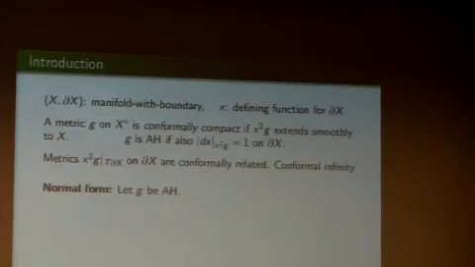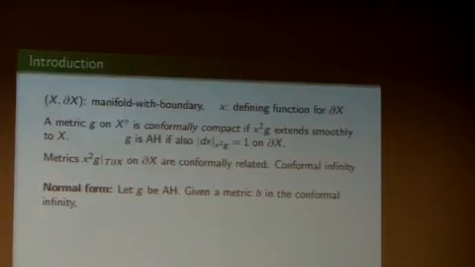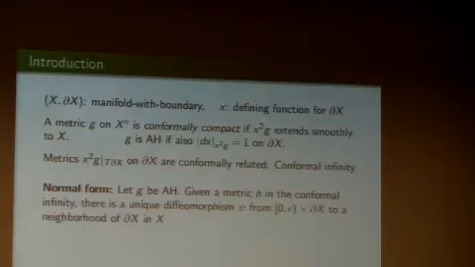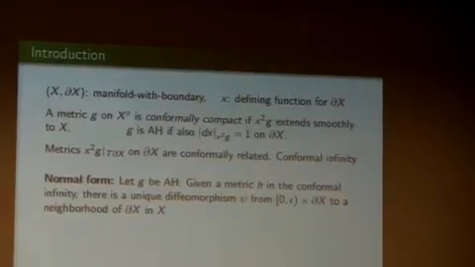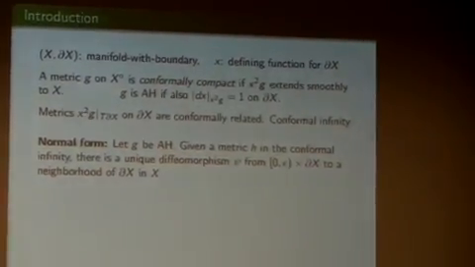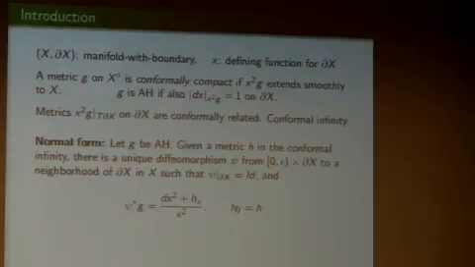So then the result I want to talk about is a normal form. So if you have an asymptotically hyperbolic metric, then if you choose a metric in the conformal class at infinity, you can make a diffeomorphism from a product of the boundary with a little interval to a neighborhood of the boundary of the manifold, which is the identity on the boundary.